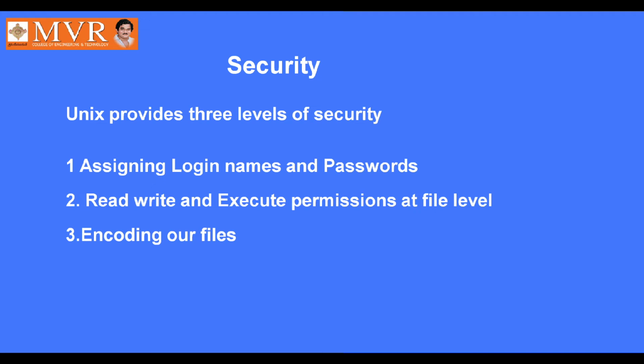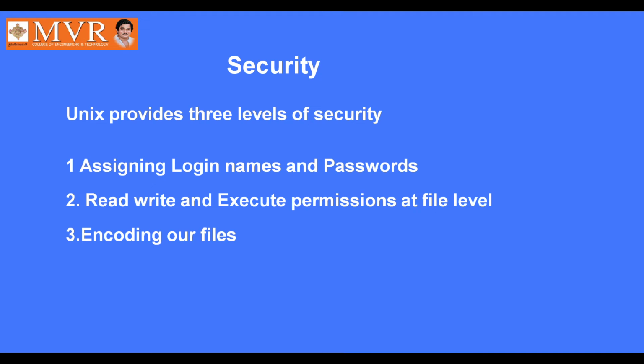When it comes to the second level of security, each file in Unix will have 3 permissions: read, write, and executable. Every file in Unix will have these 3 permissions. If you give read permission to your file, anyone can read the information available in your file.